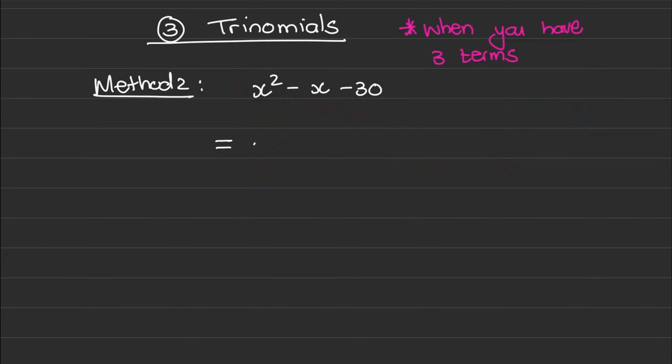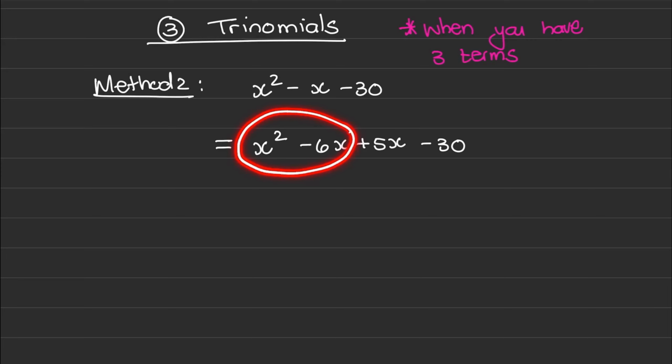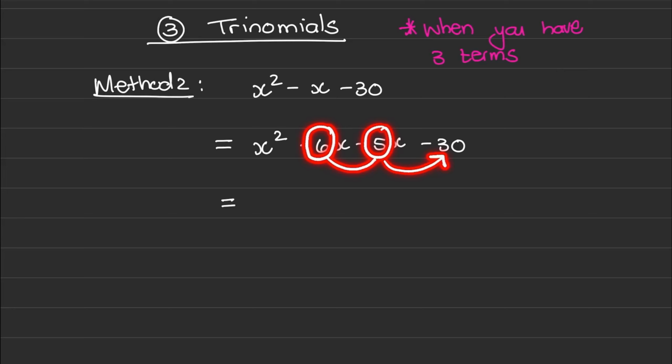For our second method, I'll rewrite the 3 terms as 4 terms and use the method of grouping in order to factorize the trinomial. So you can see the coefficients that I'm using multiplied together will produce 30. And if I add minus 6x with plus 5x, that will give me negative x.